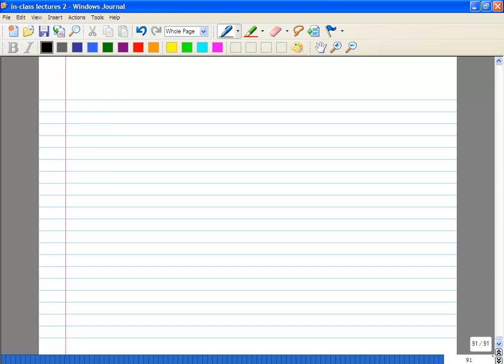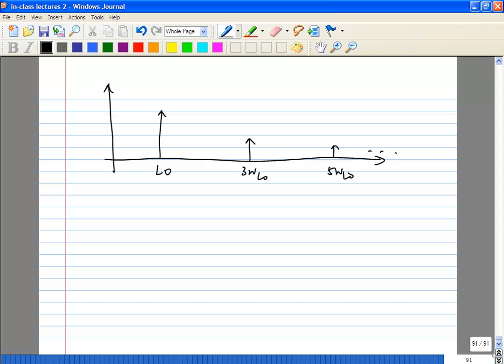Okay, so let's try to plot this out. We know that we only have odd terms, so omega LO, 3 omega LO and so on. Remember that IDC times the signal is going to give you LO, so it's going to give you this.